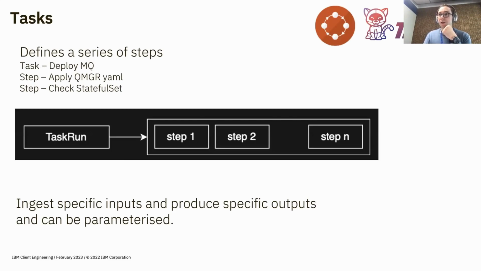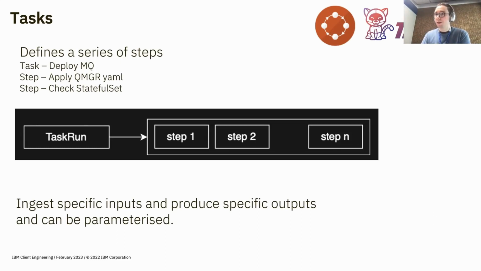The first would be to apply that queue manager custom resource YAML that Piers showed you on the diagram previously, and then a second step might be to check whether our stateful set that looks after our MQ queue manager is up and running and has reported that the queue manager is there.